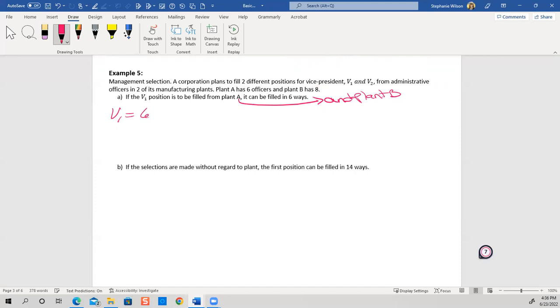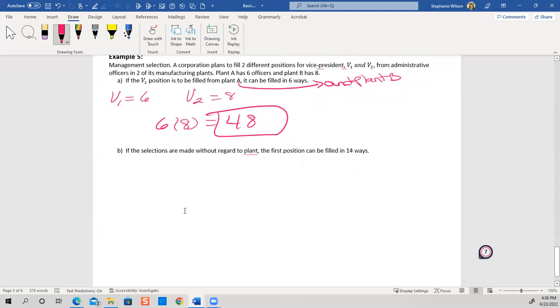That was given to us. V2 says it has 8 ways. So in order to figure out how many positions can be filled, we're going to just take those 2 and multiply them together, and we end up with 48 positions that can be filled.